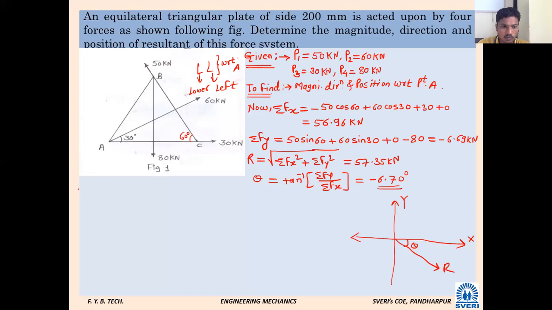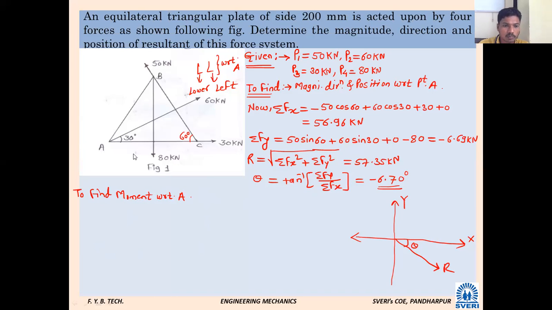Next, now at what point are we supposed to find the moment? To find the moment with respect to point A. Now one by one we will see.